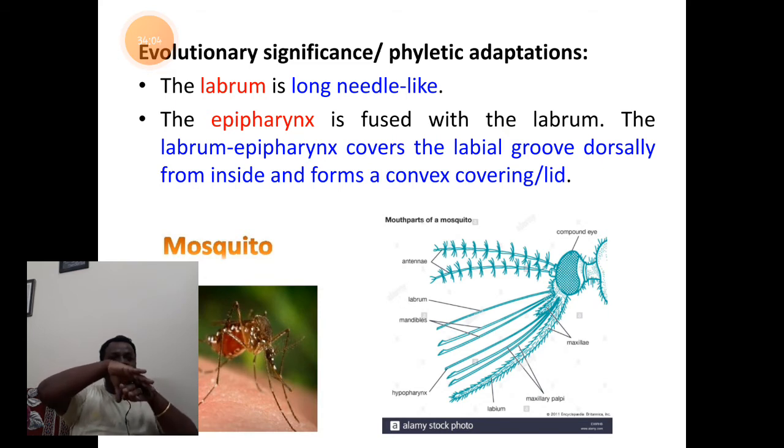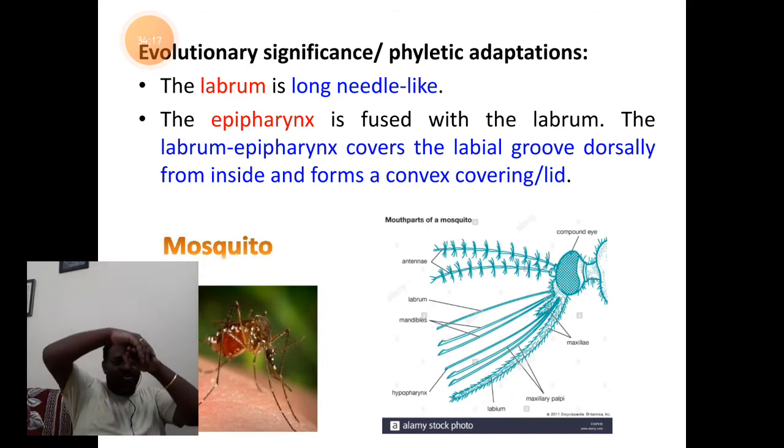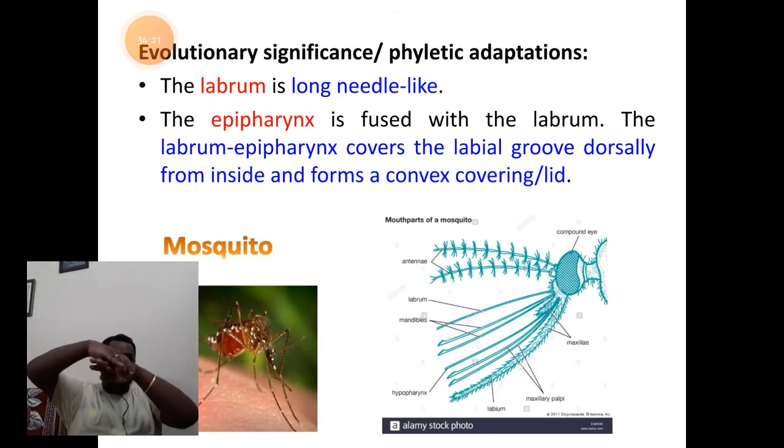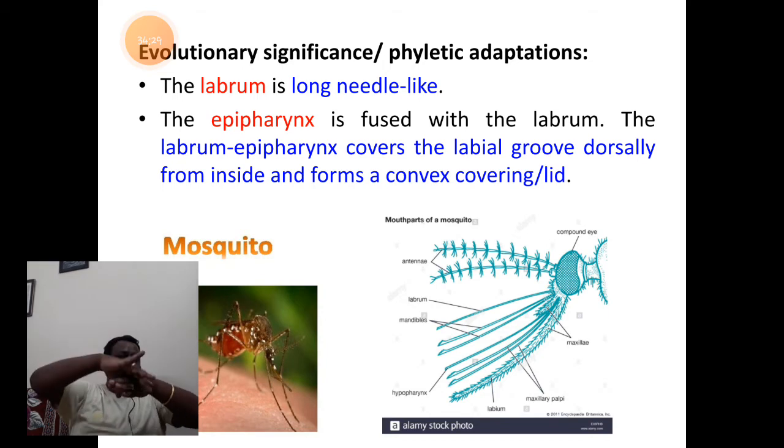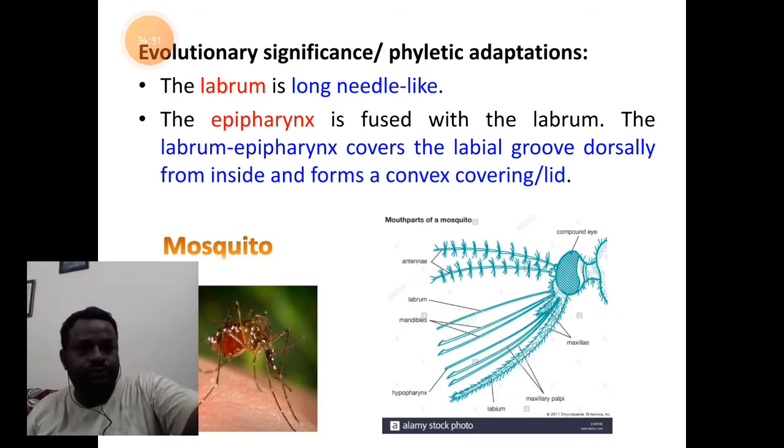This tube is externally covered over by another tube which is not complete. It forms like a groove. This structure is called the epipharynx. So it acts like a lid over the labrum. You can find a tube above which there is a half tube called the epipharynx.